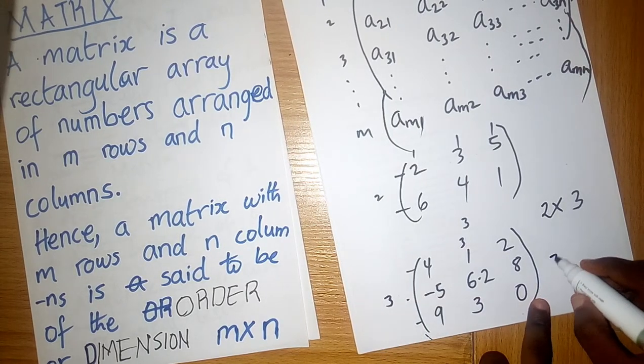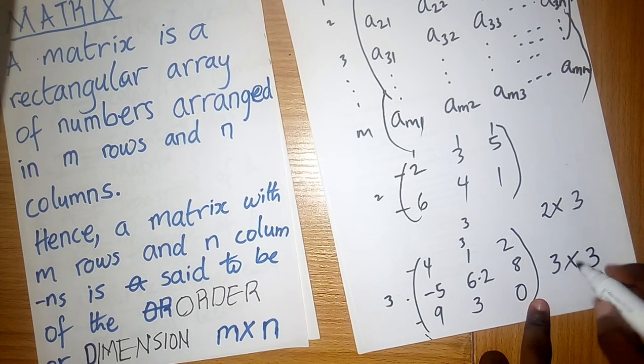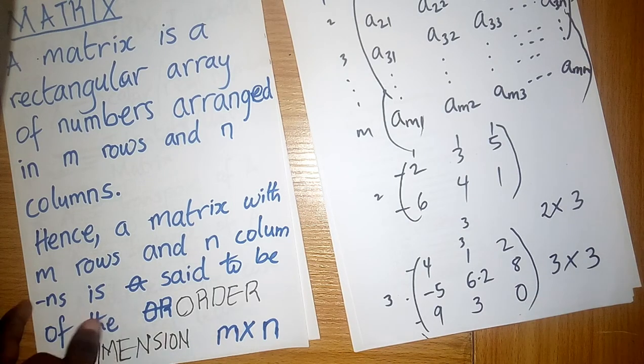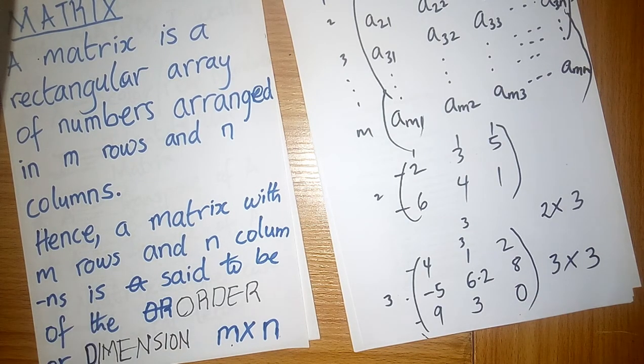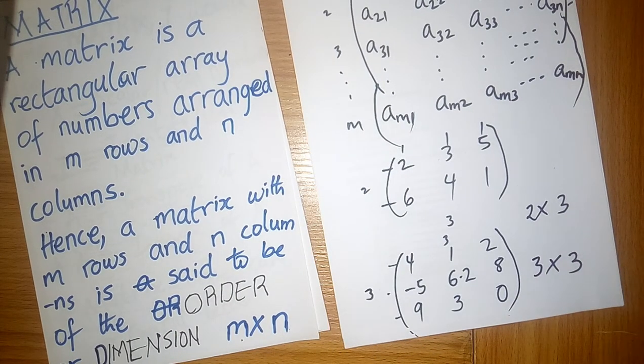So this is a 3 by 3 matrix. If you check, m times n; we call this "by". In a matrix, it's not a multiplication.